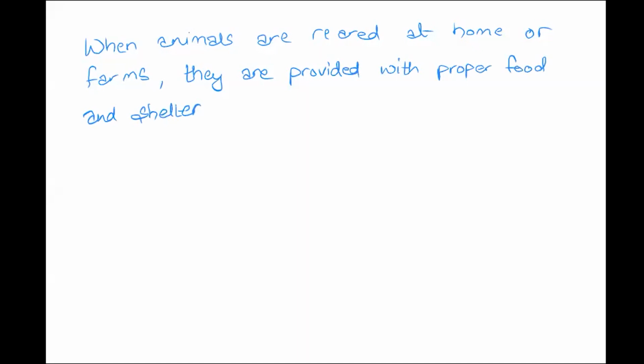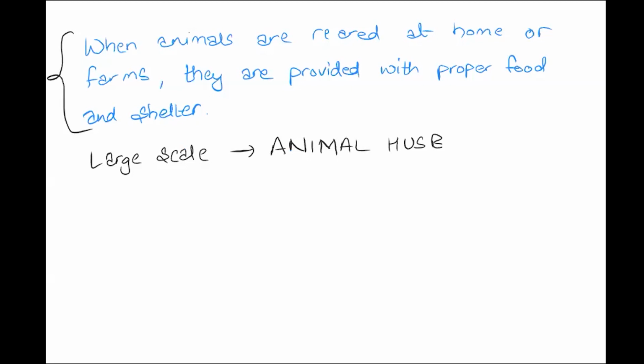Okay, so when this activity is done on a large scale, that is when rearing of animals is done on a large scale, it is known as animal husbandry. So now you know what animal husbandry is. It is basically the rearing of animals on a large scale to obtain food from them.